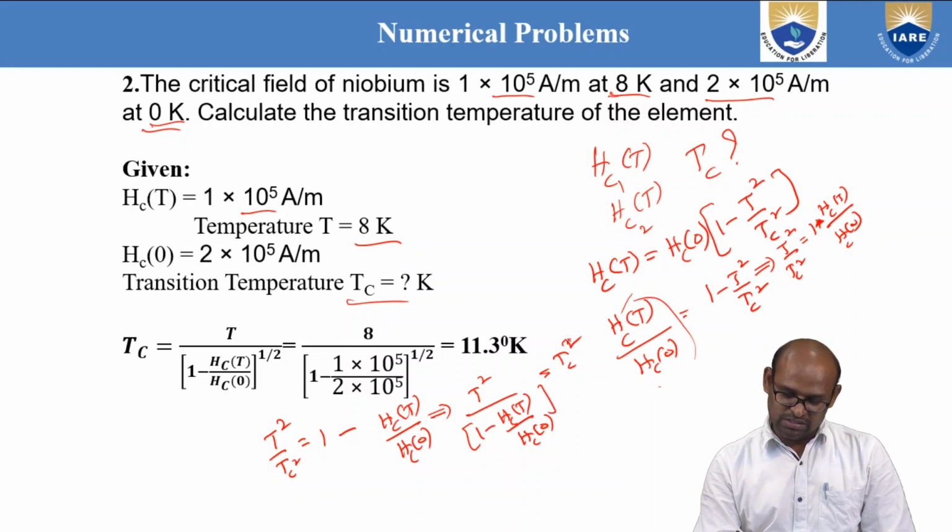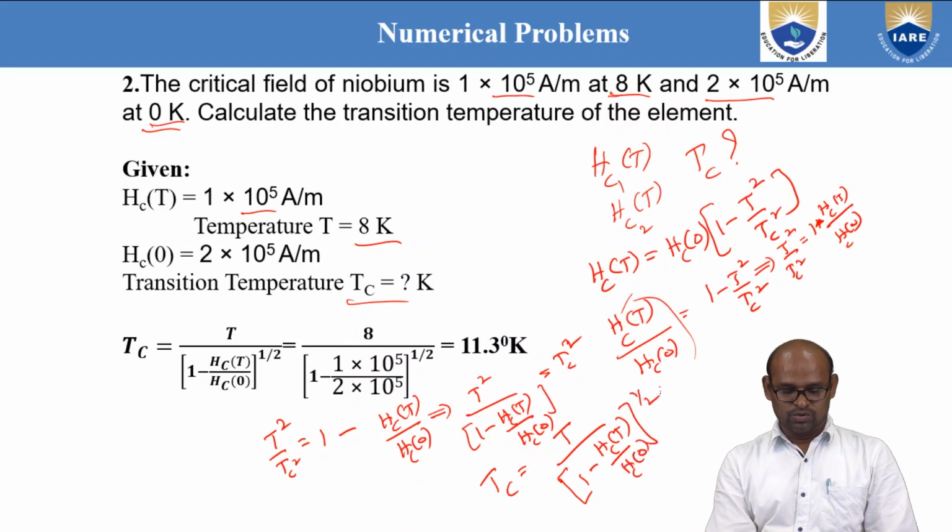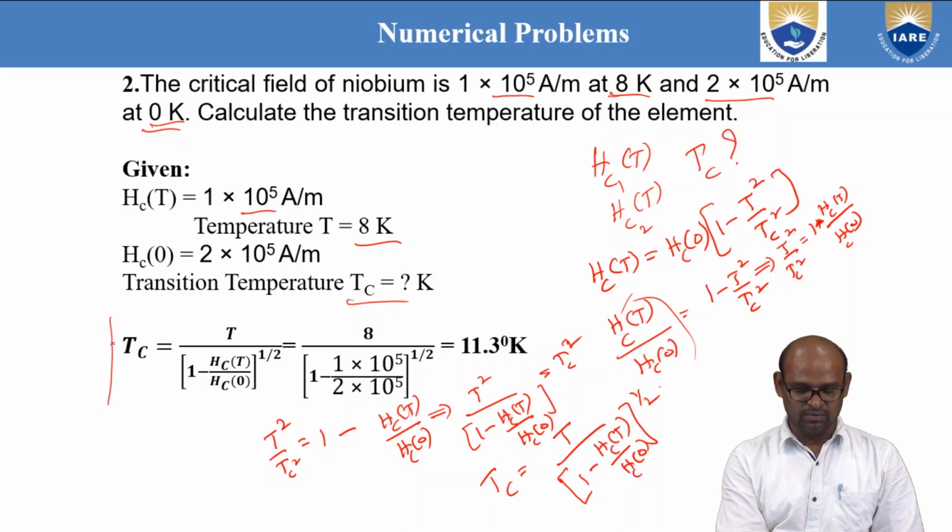So this is Tc square. If you want to write Tc, that will be T divided by 1 minus Hc of T divided by Hc of 0, whole power 1 by 2. That is the equation I already have.